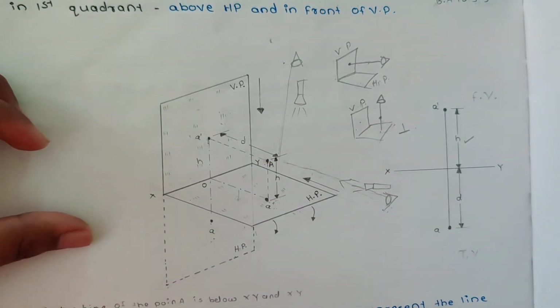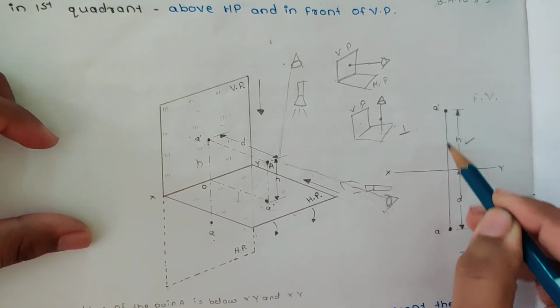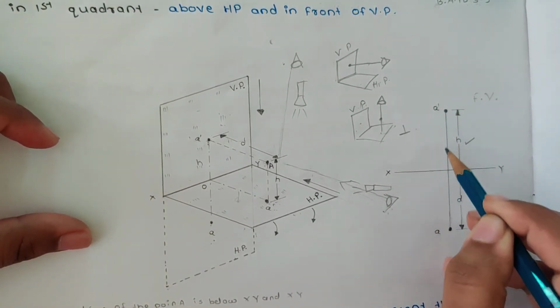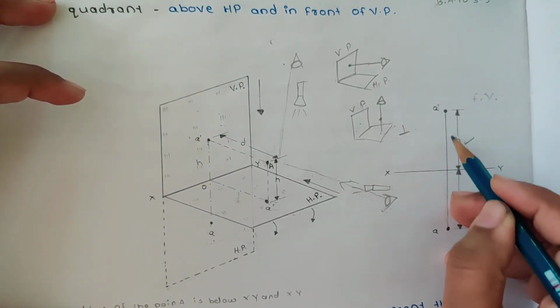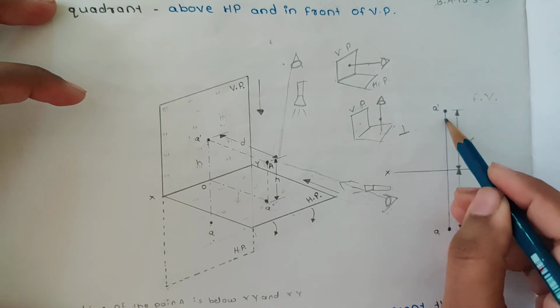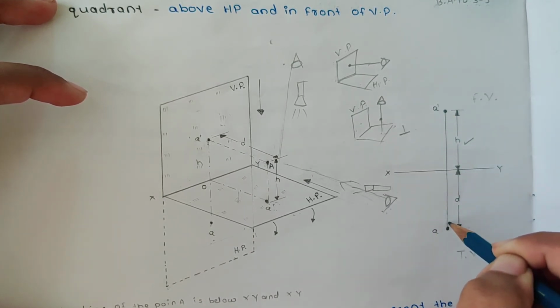Now step 2, draw a projector perpendicular to the XY line. Draw this projector which is perpendicular to the XY line.